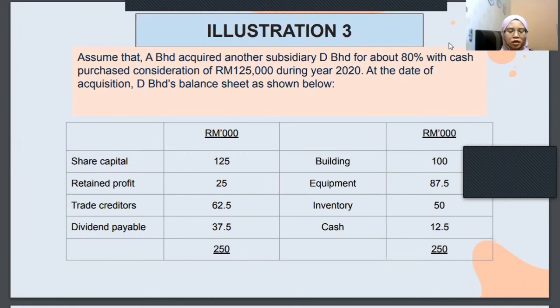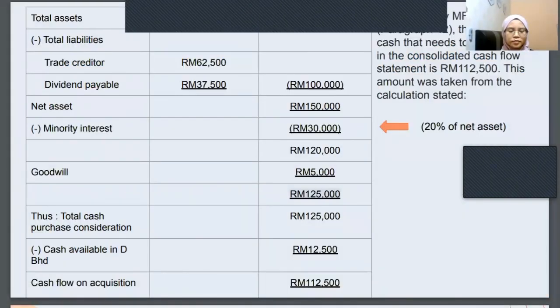Assume that A Berhad acquired 80% of another subsidiary, D Berhad, with cash purchase consideration of 125,000 during year 2020. At the date of acquisition, D Berhad balance sheet is as shown below. On the debit side, we have share capital, retained profit, trade creditor, and dividend payable. On the credit side, we have building, equipment, inventory, and cash.